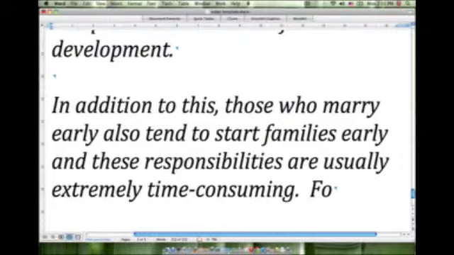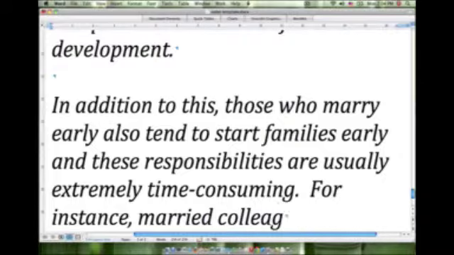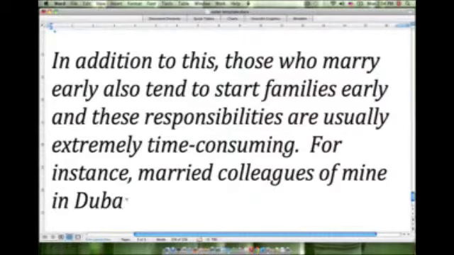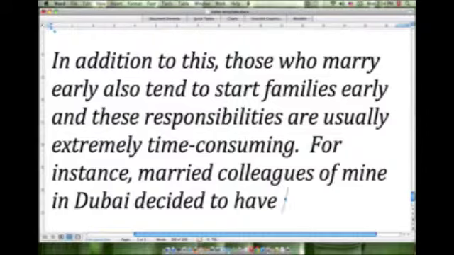For instance, let's say married colleagues of mine in Dubai decided to have their first baby.